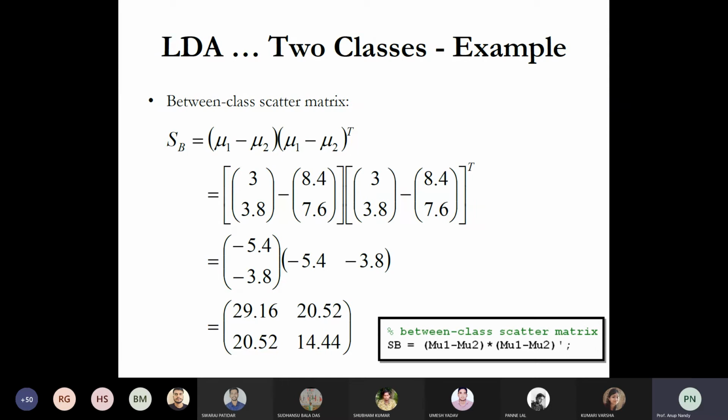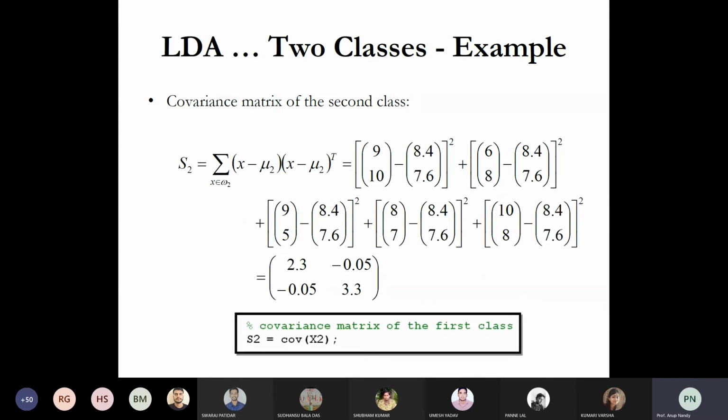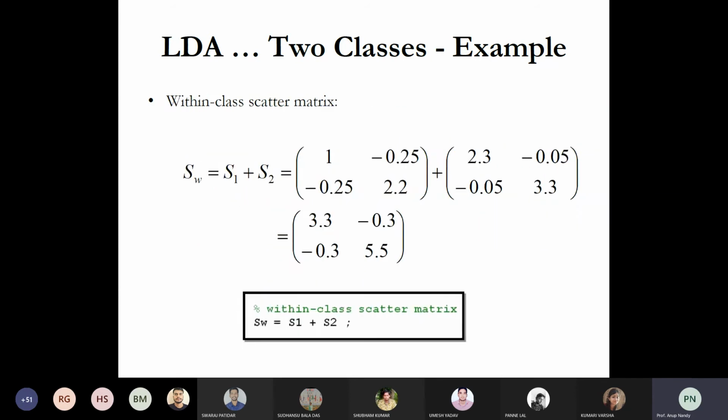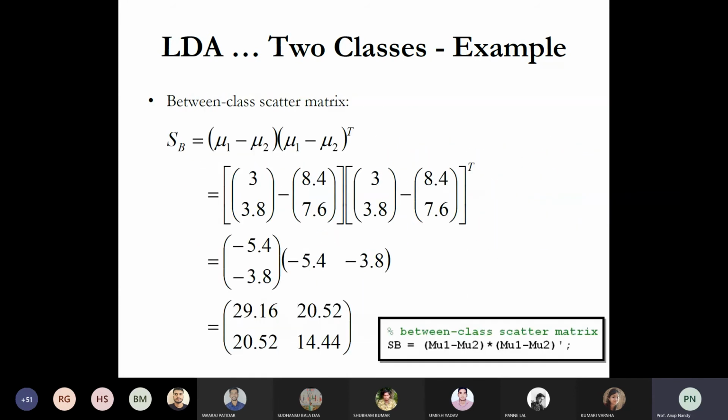Actually, you know it is (mu1 minus mu2) squared, but here the square term is not there, so we are going to use the transpose. That's it. Now mu1 and mu2 you have already computed: 3.8 and 8.4 into 7.6. So you just write it.